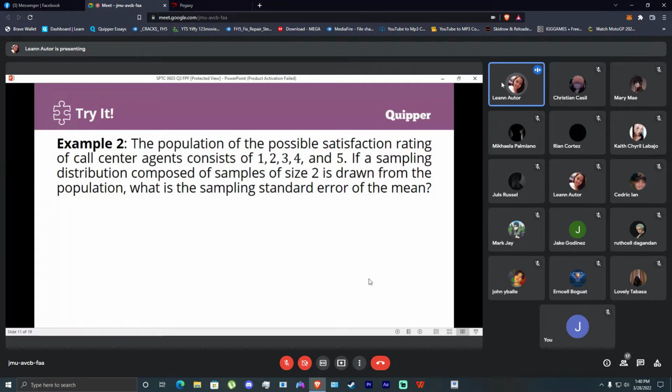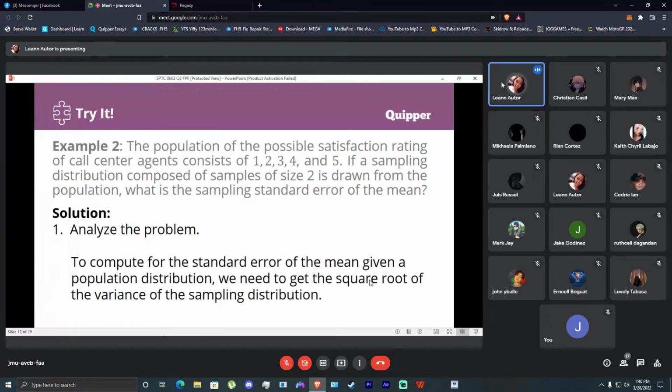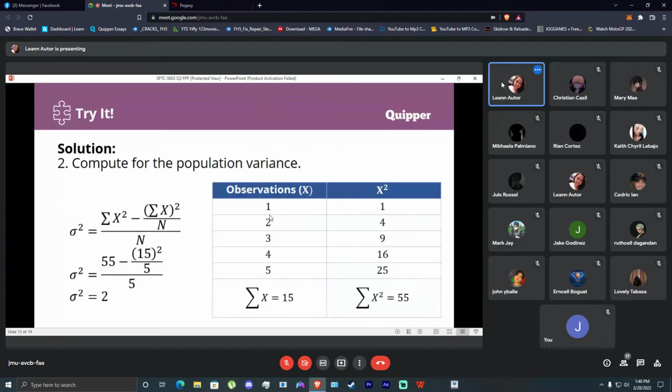I'll show you the table. We can solve this first by constructing a table: in the first column we have the observations, and in the second column we have the observation raised to the power of 2, or x squared.